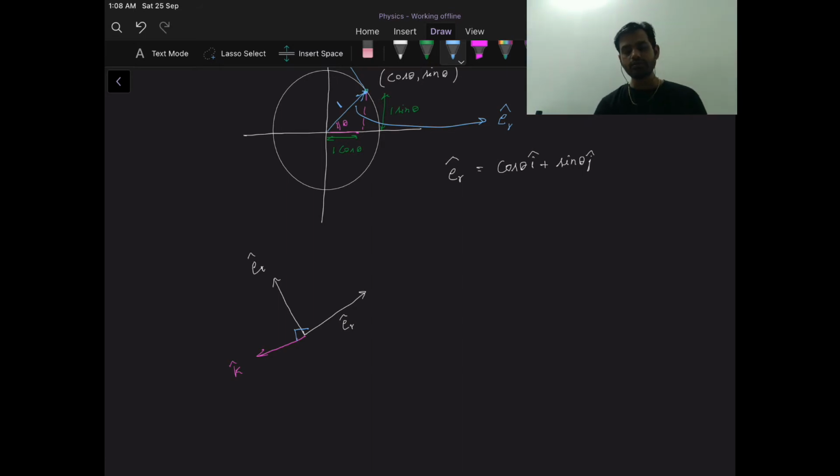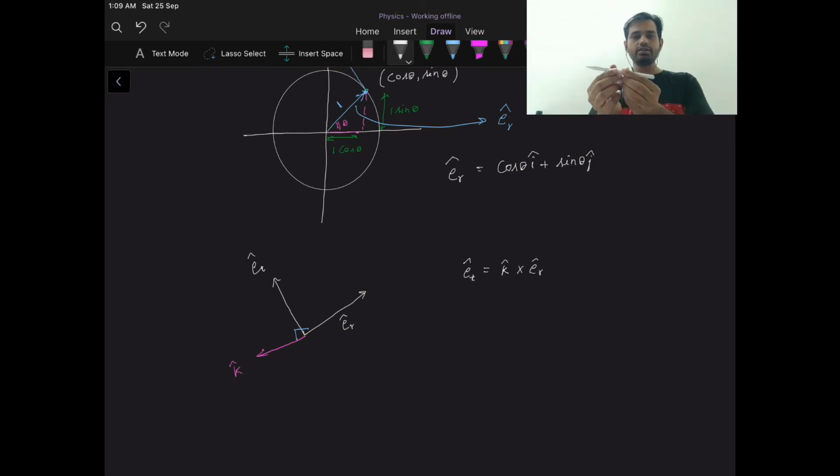Now, if I want to find out E t cap, how can I determine its value? We can write it like this: E t cap can be written as k cap cross E r cap. Suppose this is a pen, and this is the direction of E r cap.